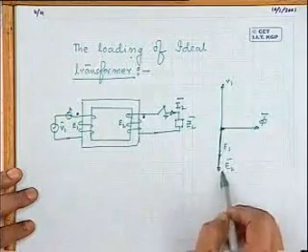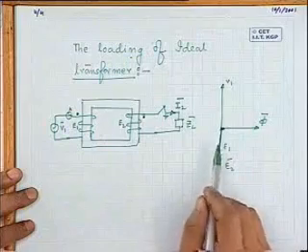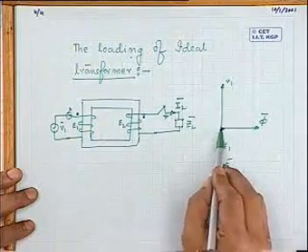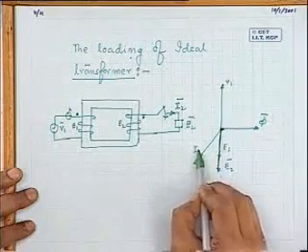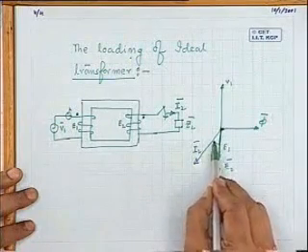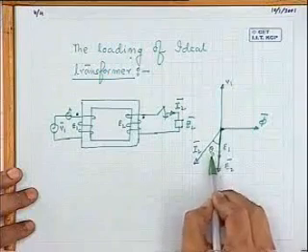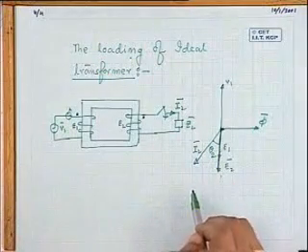It will be decided by the power factor angle of Z2 bar, and with respect to E2 it will go. Suppose we assume some lagging power factor load; I2 bar will lag E2 by some power factor angle theta 2.